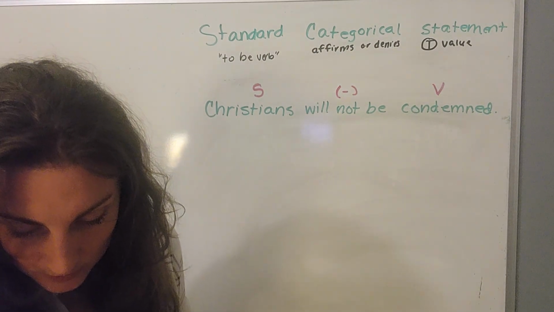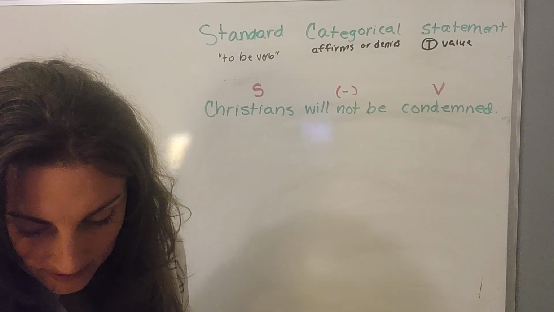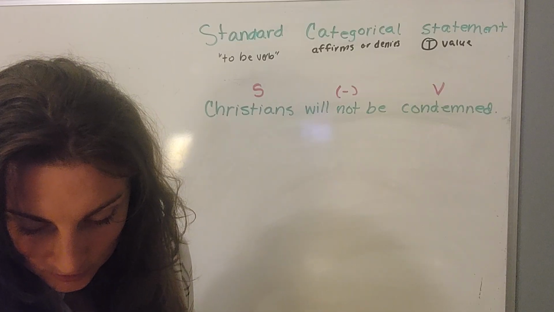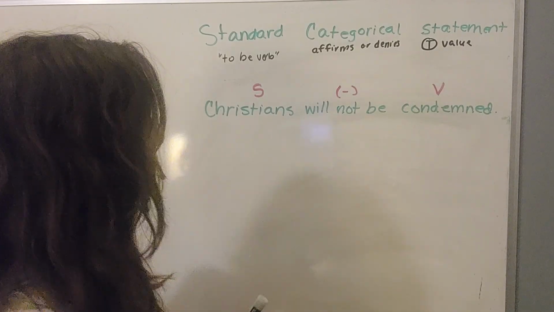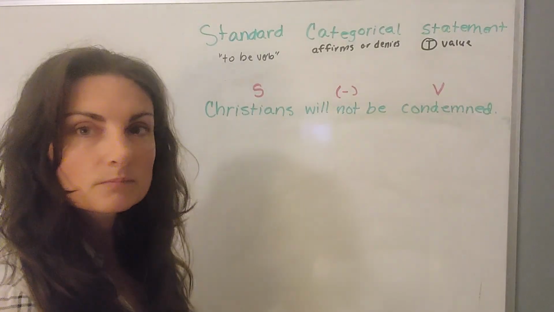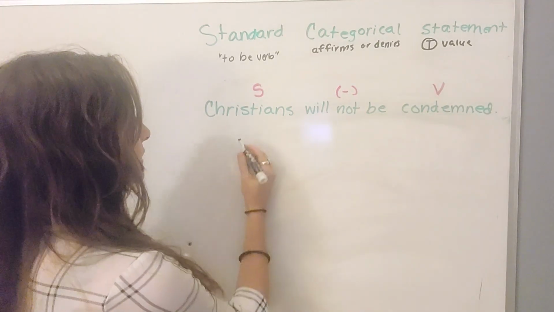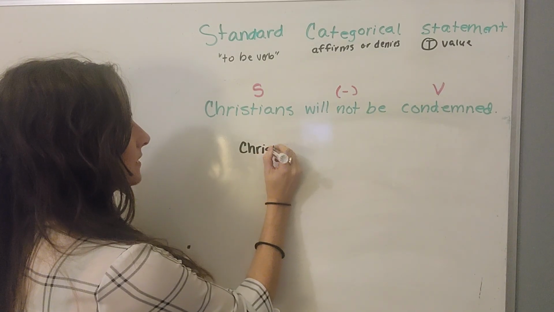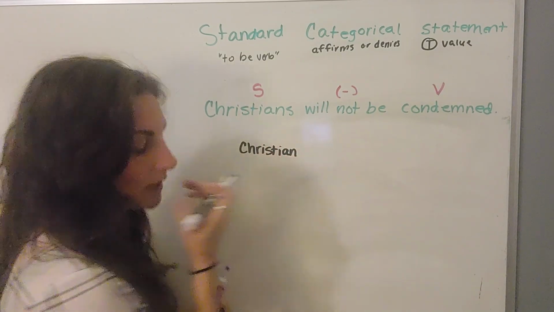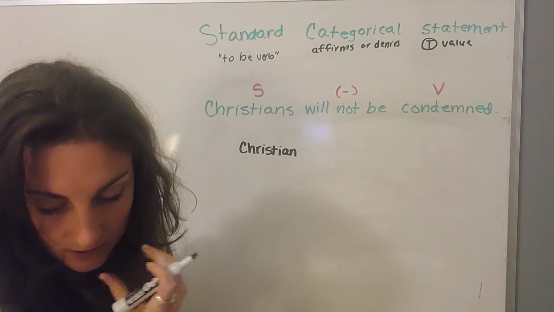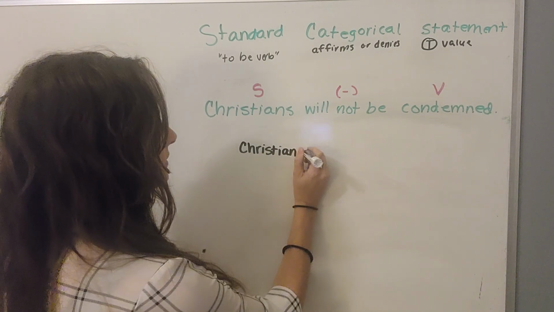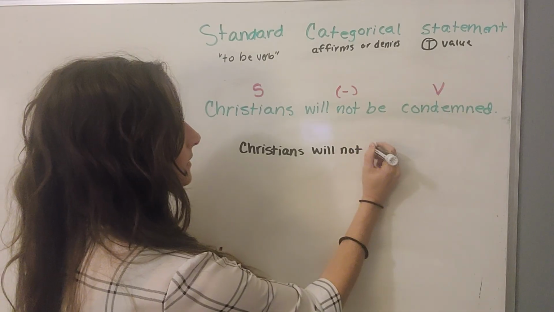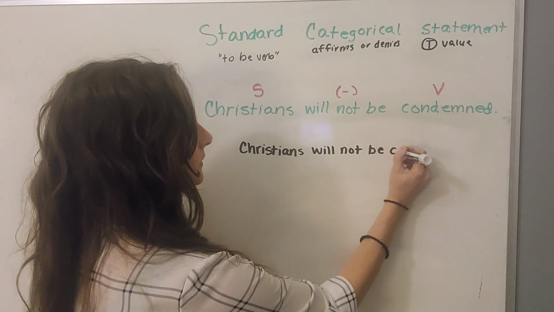Okay, so first things first, let's add a to be verb and add the noun to the predicate. So I'm going to rewrite this. So I'm just going to bring down my subject here. I'm going to look at this very closely so I can get all the steps one by one. Okay, Christians will not be condemned.